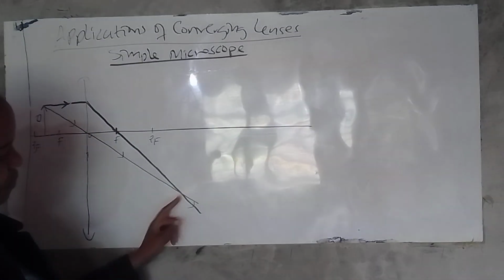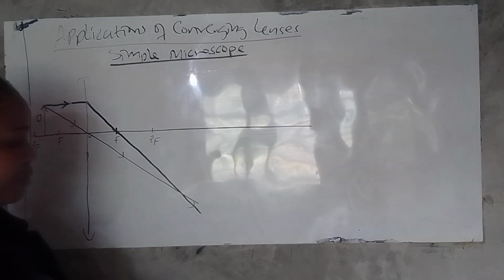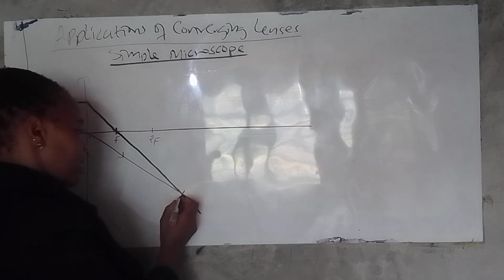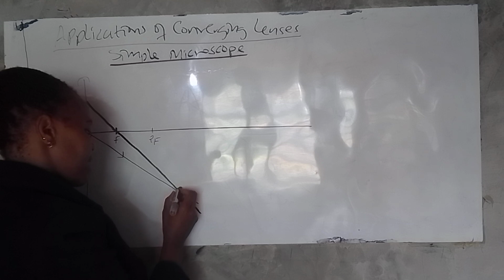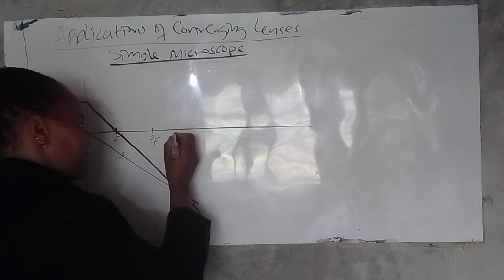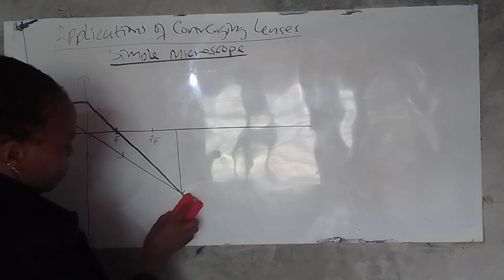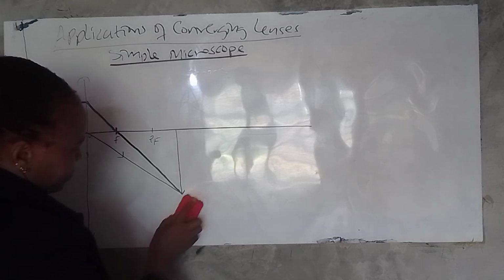At this point here, we form our image. Okay, so I draw an arrowhead, and of course I draw a straight line to touch the principal axis. Now that is our first image.